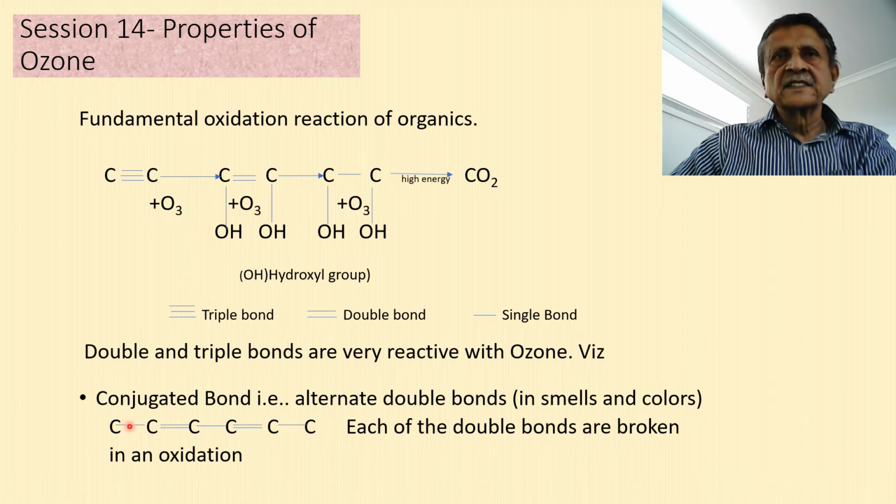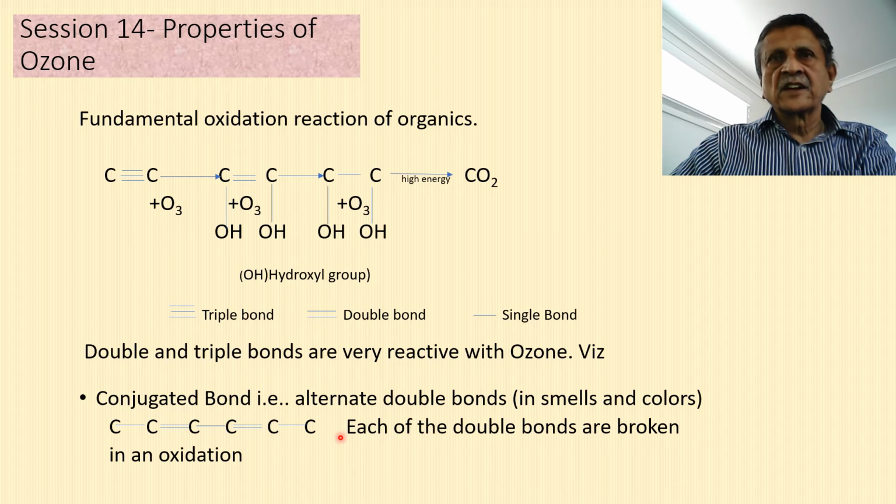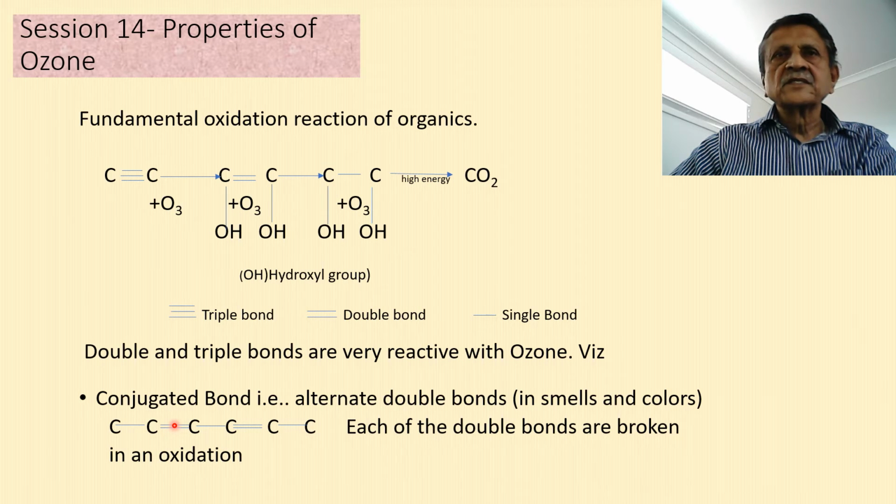You find that this is a single bond, this is a double bond, this is a single bond, that is a double bond and a single bond. So you find that these bonds are conjugated. In other words, one single, one double, one single, one double, one single, one double, etc. Of course, in between you might have one triple.